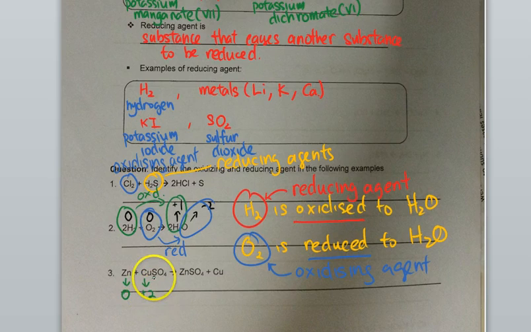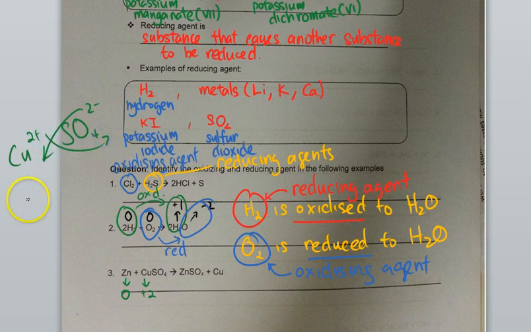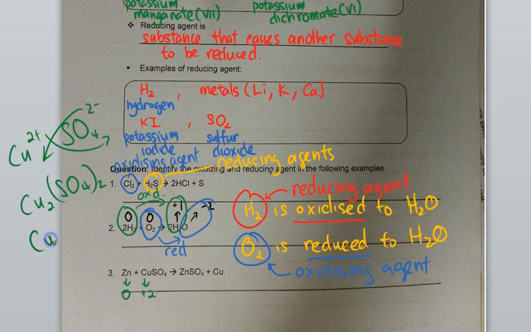Okay, how do you know? Because if you do your crisscross, you realize Cu 2+ and SO4 2-. When you do your crisscross, you form the formula Cu2(SO4)2. Simplify it, you get CuSO4. So your copper actually has oxidation state of +2.